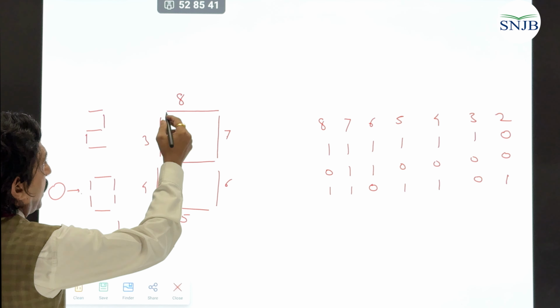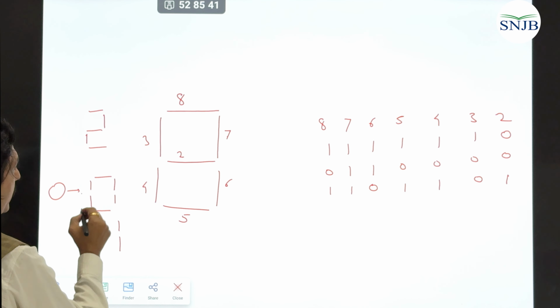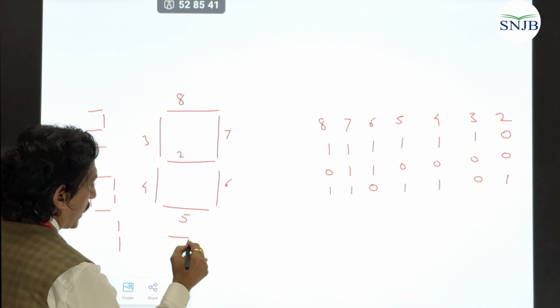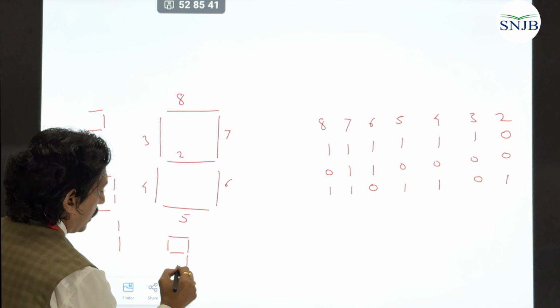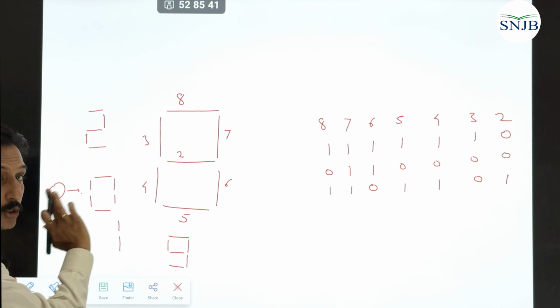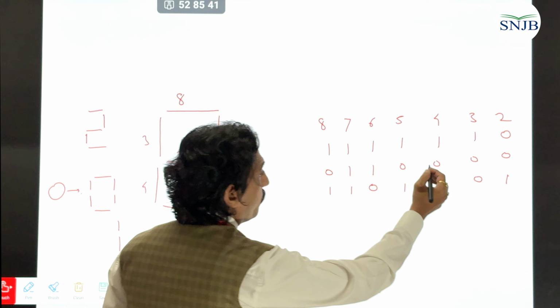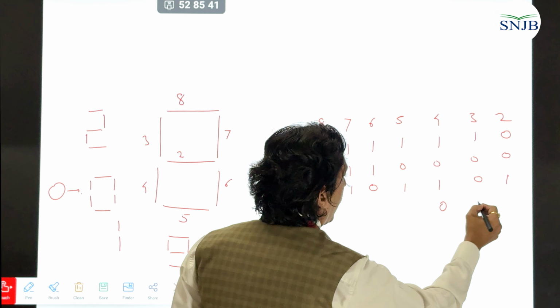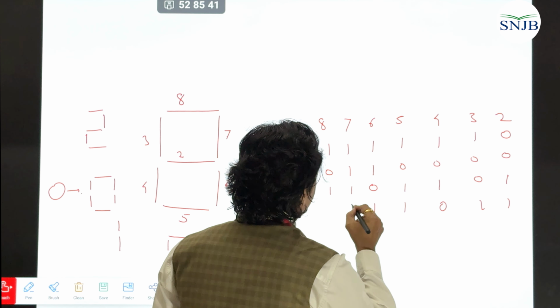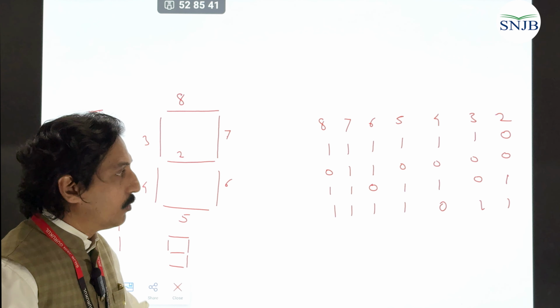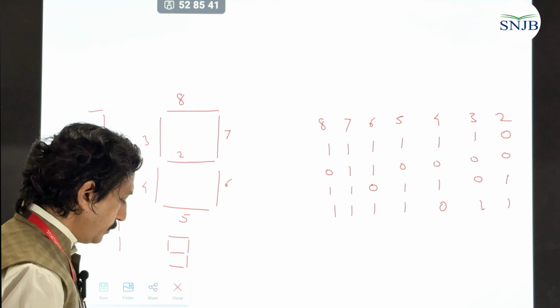For example, now 9. We have to print the 9. So 9 looks like this. Only 4 is off in this case. So 4 is off means this pin is off and rest of the pins are on. So this way you have to prepare one table.